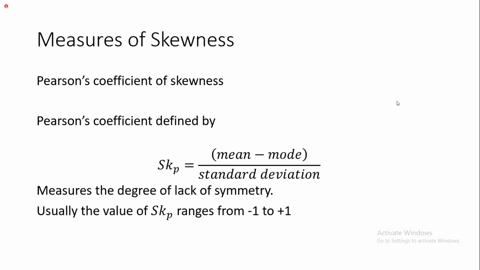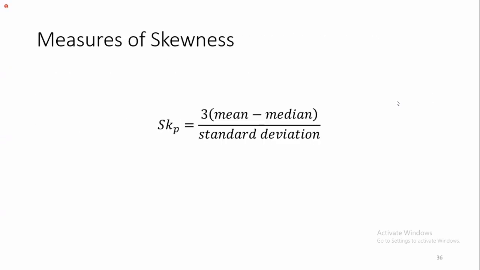Okay, therefore, in a problem, if you are asked to find measures of skewness, please use this formula, mean minus mode over standard deviation. But if we are going to use the second formula, you have the first formula introduced by the same person.